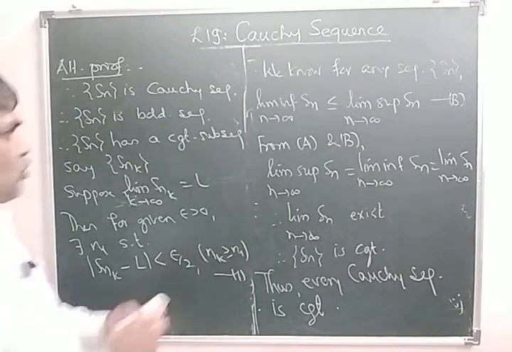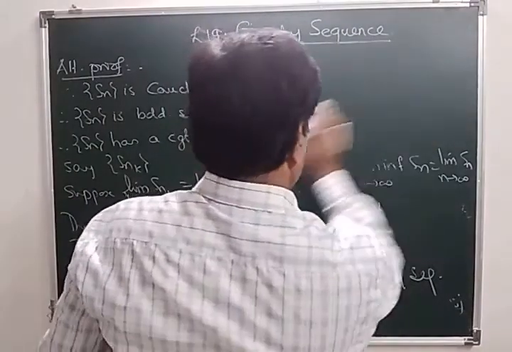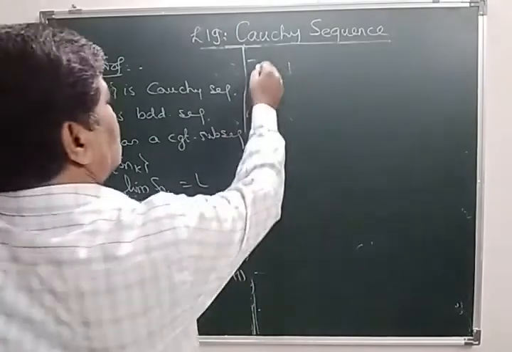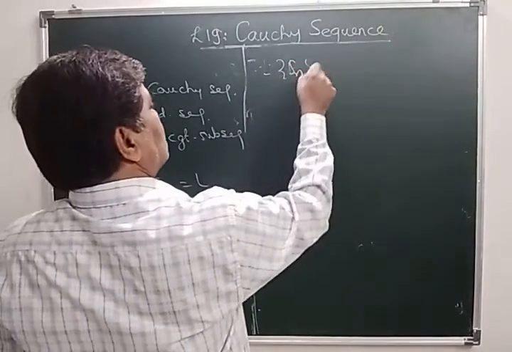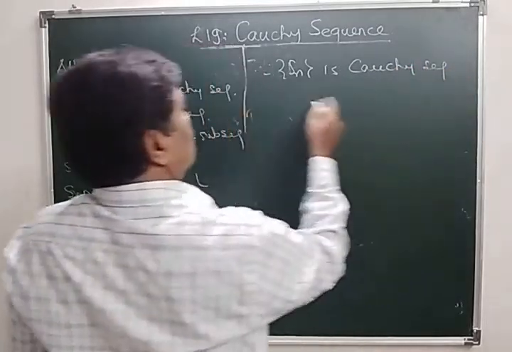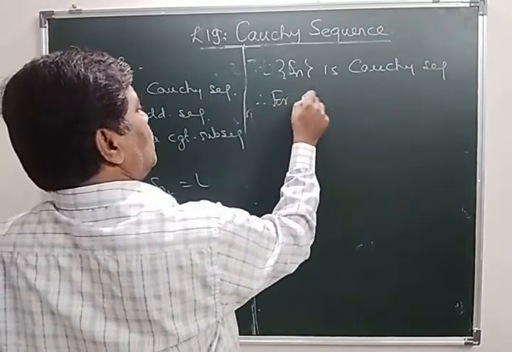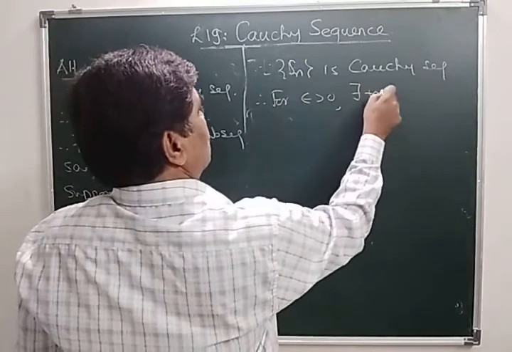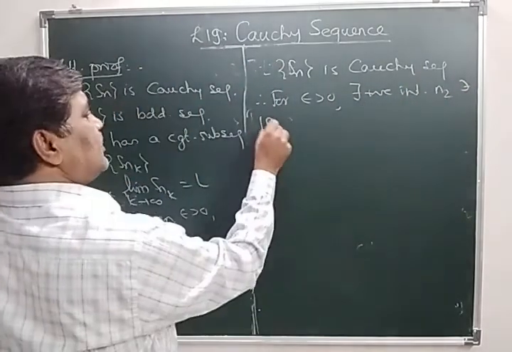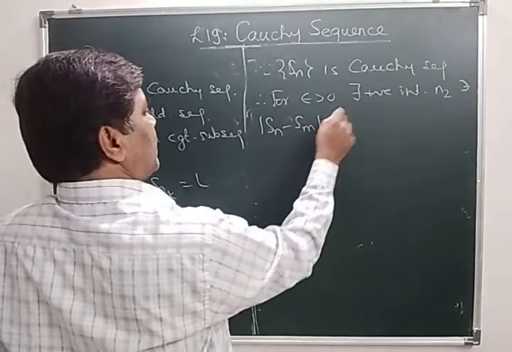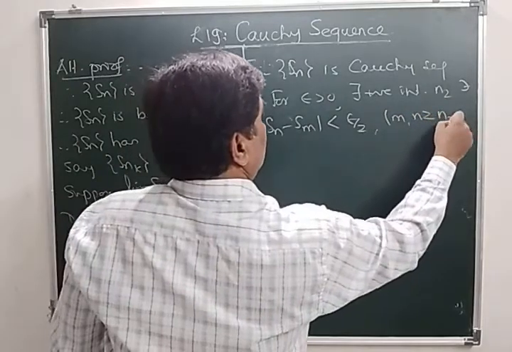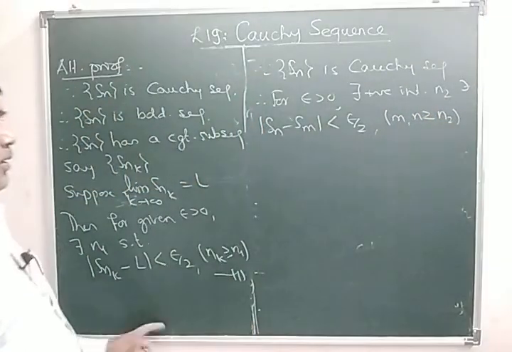Now Sn is a Cauchy sequence. Therefore, fix epsilon greater than 0, there exists a positive integer n2 such that mod Sn minus Sm is less than epsilon by 2 for any m, n greater equal n2. Okay.